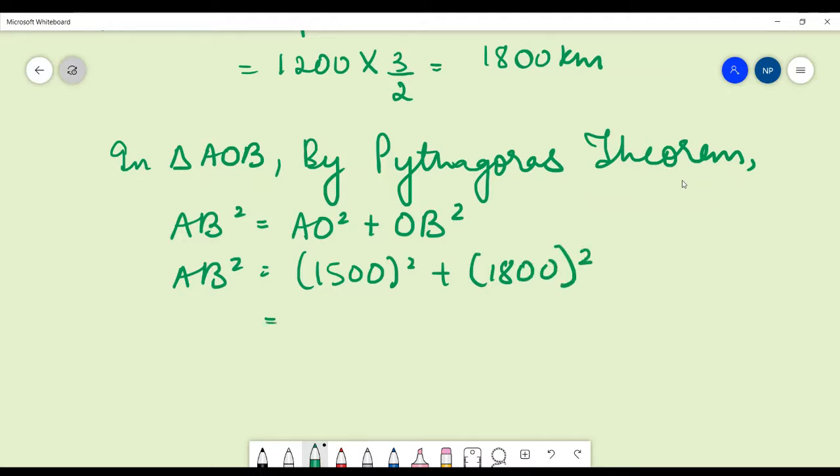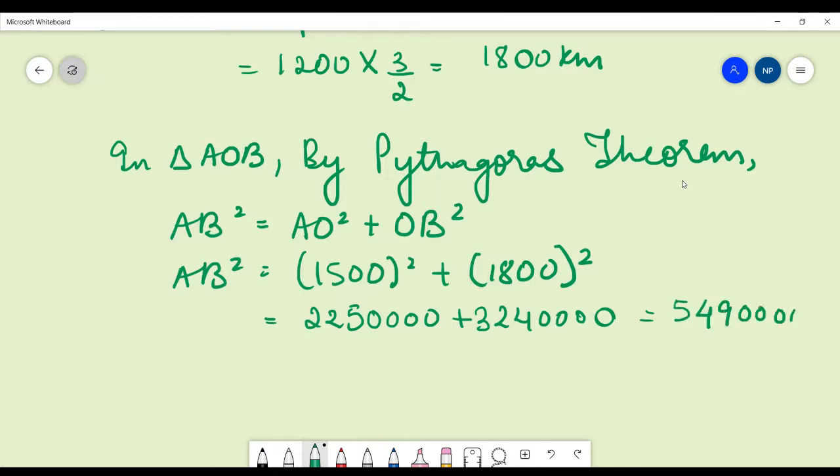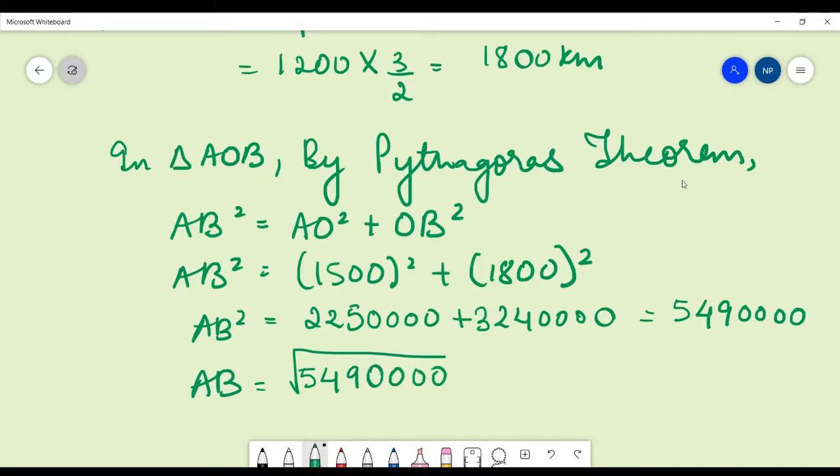Now how much is 1500 square? 15 15 is 225. Now these zeros will double up. Plus 18 18 is 324 and the zeros will double up, right? Which is equals to 5490000. Now this is AB square, so under root will go over here as it is.